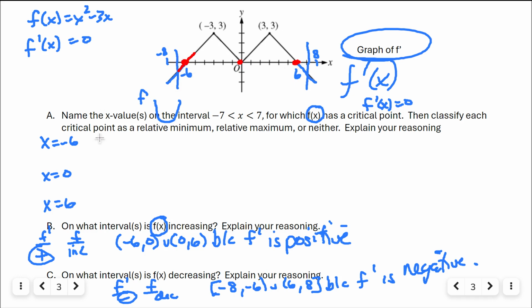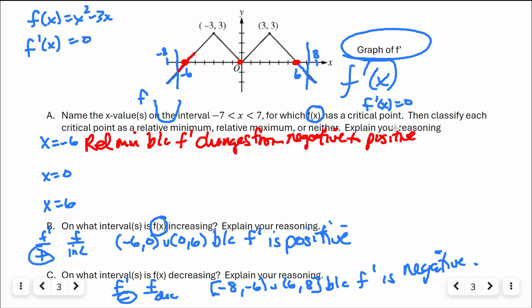All right. So now at x equals -6, there must be a relative min. Why? Because f prime changes from negative to positive. Okay. Let's try x equals 0. At x equals 0, what happens?